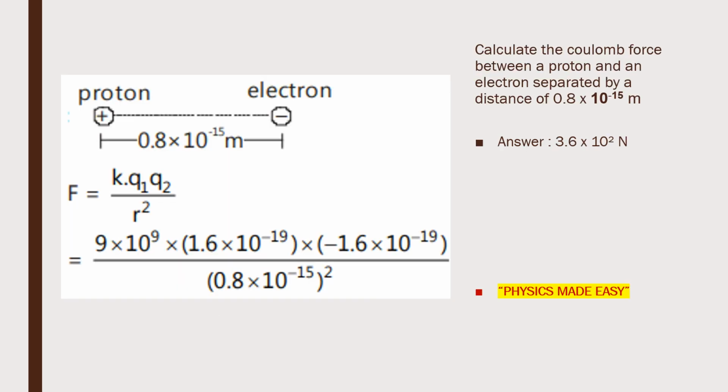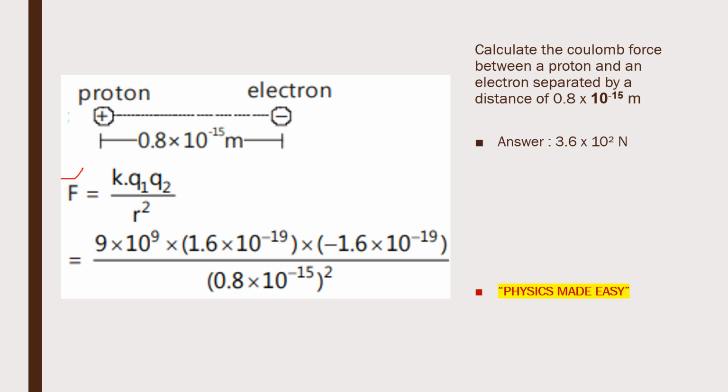Next is a numerical. Calculate the Coulomb's force between a proton and an electron separated by a distance of 0.8 into 10 raised to power minus 15 meter. So we have to calculate the attractive force between the proton and the electron. We can apply the formula of Coulomb's law: F is equal to K Q1 Q2 divided by R square.